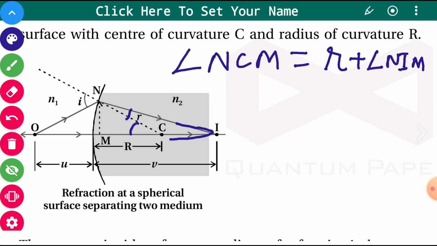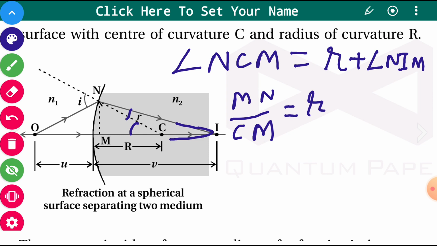So this result also we have obtained. What is NCM? It is MN upon CM is equal to R.